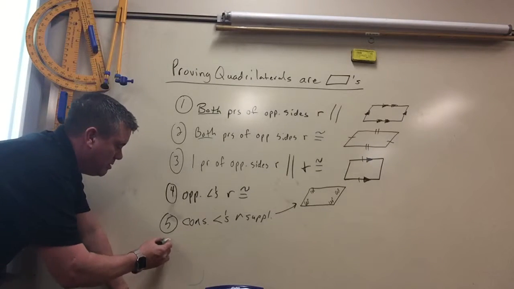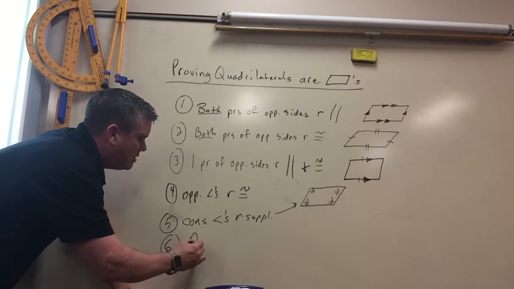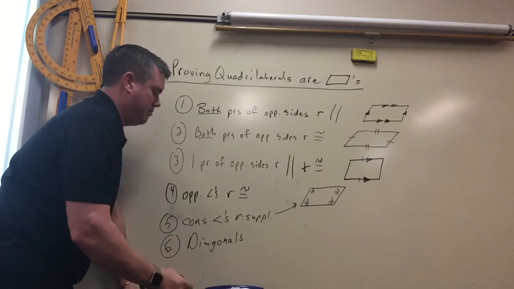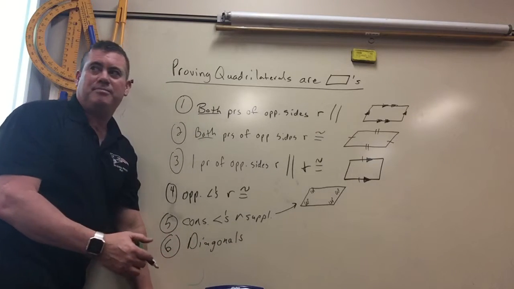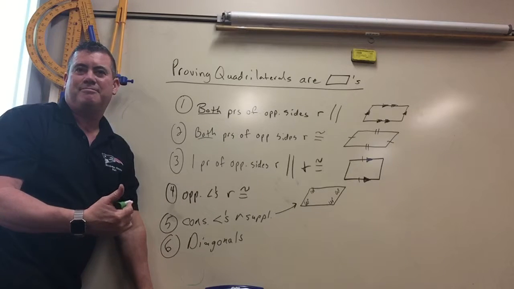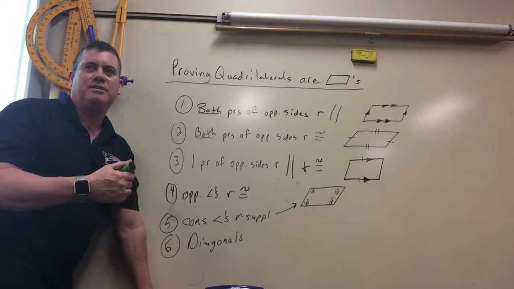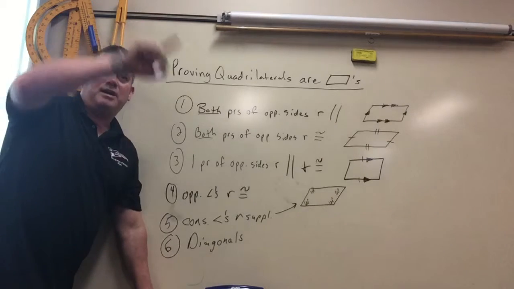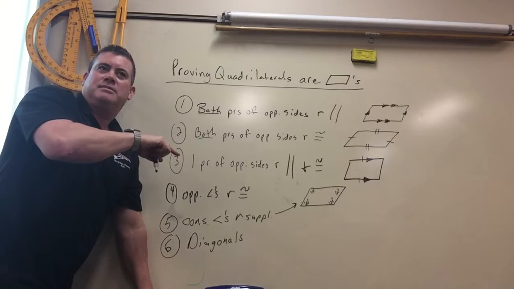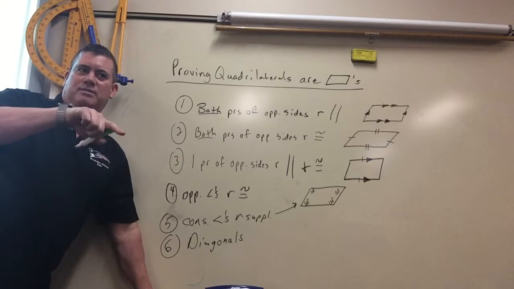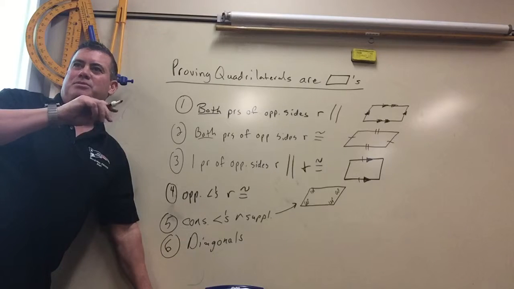And the last one is diagonals. Remember what the diagonals do on a parallelogram? Nope. Remember, that's angles. Angles are 360. Diagonals are when you draw the lines inside. Oh, it's vertice to vertice. So what do they do? They intersect, but what happens to each one?